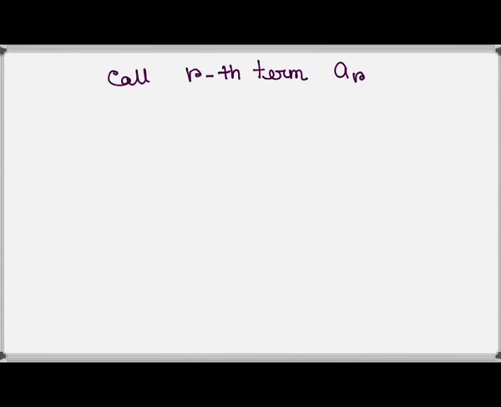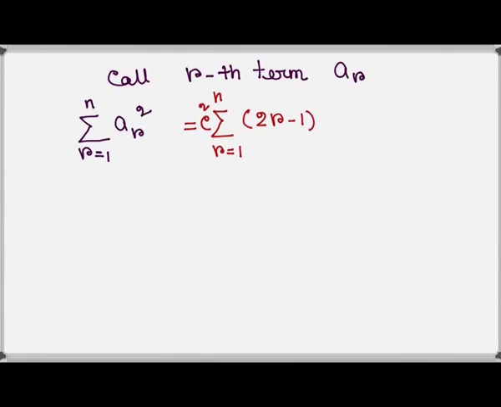Our job is to find out the sum over R running from 1 to up to n of AR square. Now we know that this is nothing but, we can take c square out, and inside we have 2r minus 1 whole square.